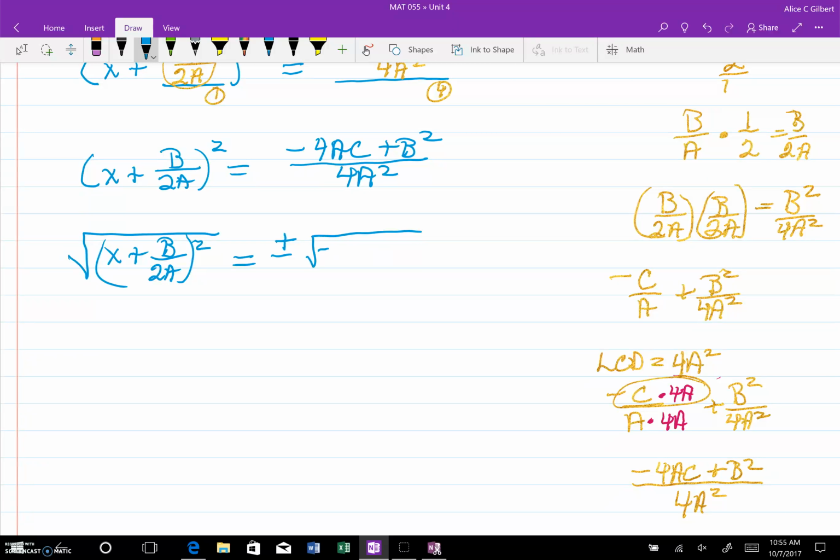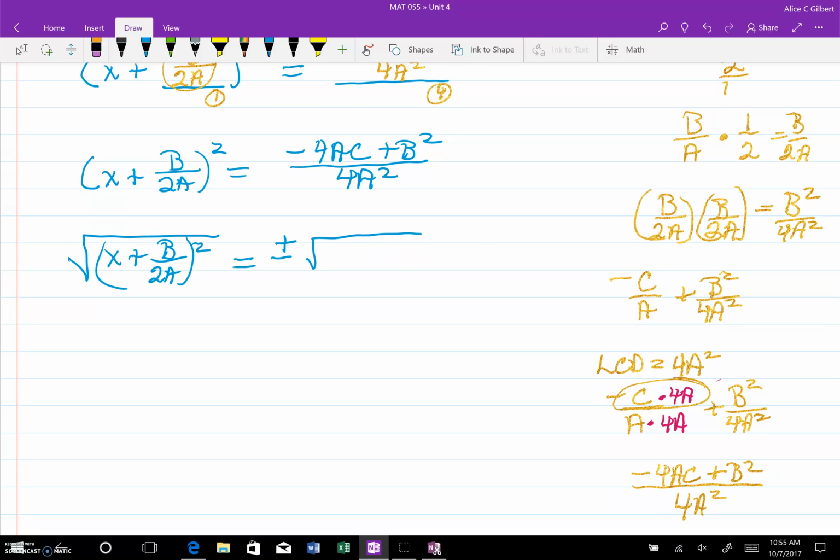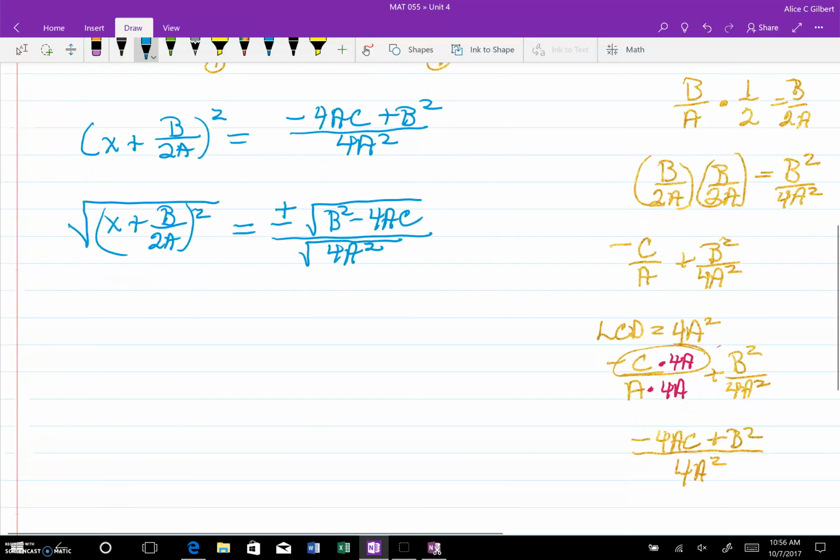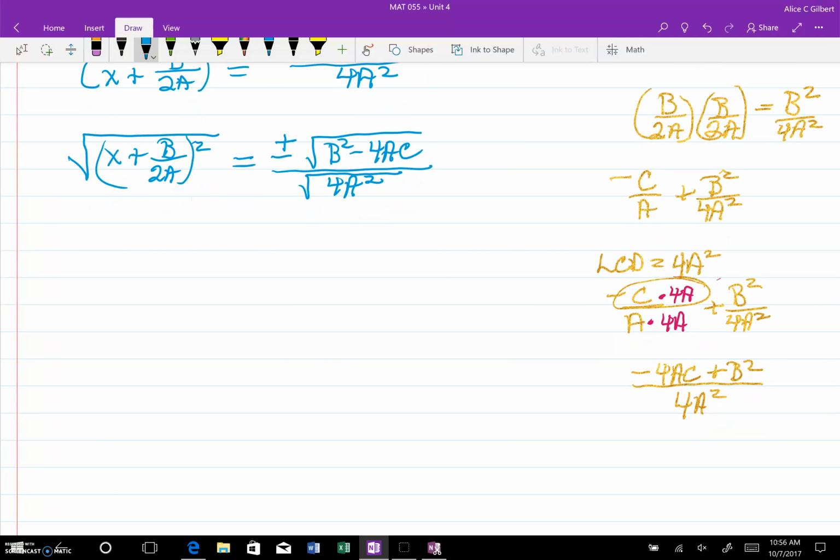I'm going to rewrite these in a different order: b squared minus 4ac over the square root of 4a squared.